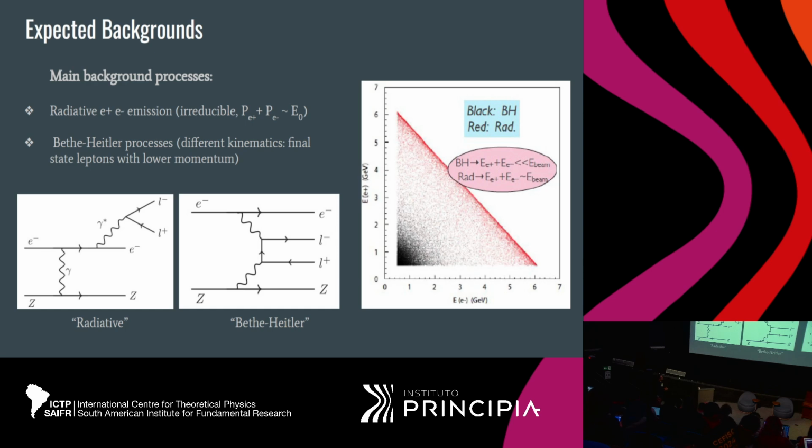This is very similar to what you expect from the signal, so it cannot be reduced, while this one results in lower energy electron-positron pairs, which are distributed here, and therefore we are more able to reject this kind of event during the analysis.